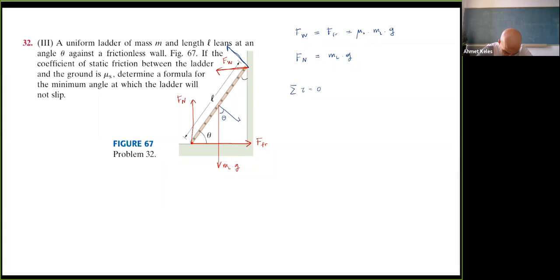So this is 90 minus theta. So if I sum these up, m ladder times g times L over 2 should be equal to Fw times L times cosine of 90 minus theta, which is sine of theta.